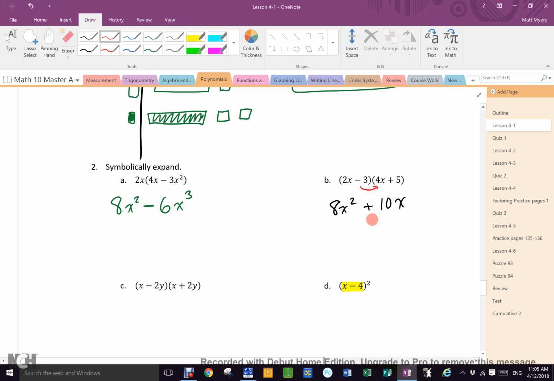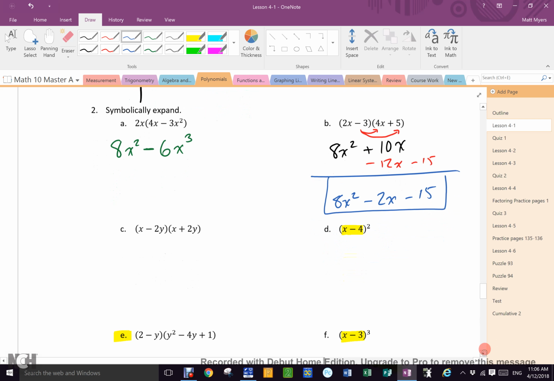Negative 12x. And I'm going to write it with the other x to remind me to collect my like terms. And what is negative 3 times 5? Negative 15. Then what do we do? Gather it up. 8x squared plus 0, 8x squared. It's not a trick question. 10 minus 12, negative 2x. 0 minus 15, negative 15.